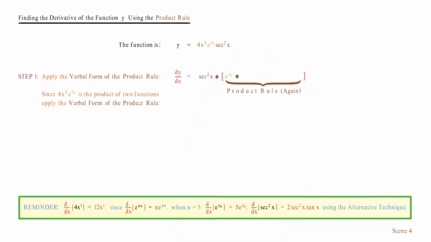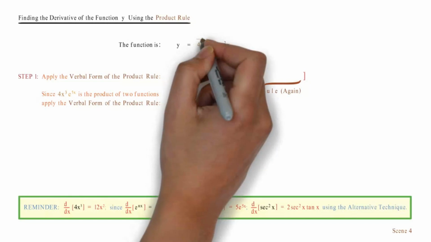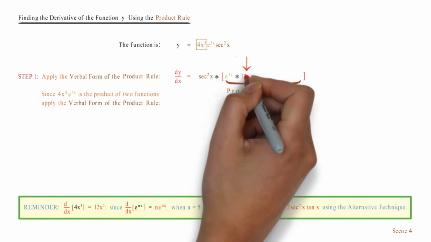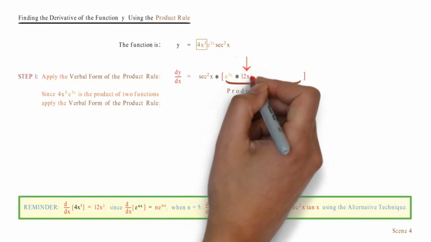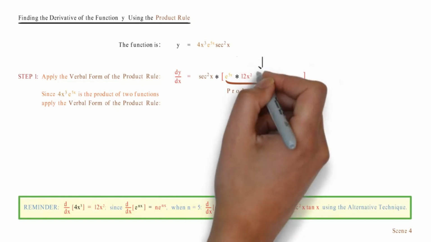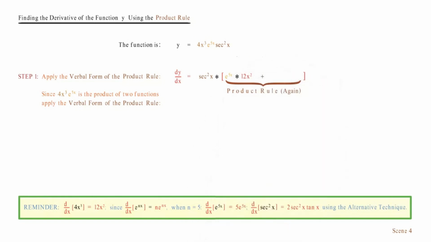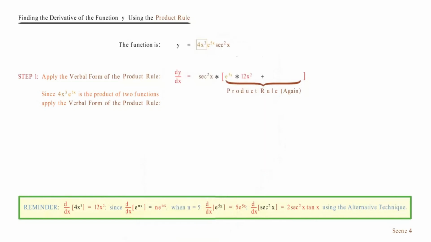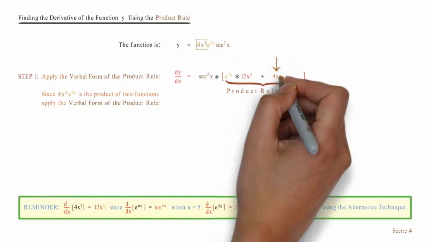times. The derivative of the first function is the derivative of 4x cubed, which is 12x squared. Plus is plus. The first function is 4x cubed, so substitute 4x cubed.